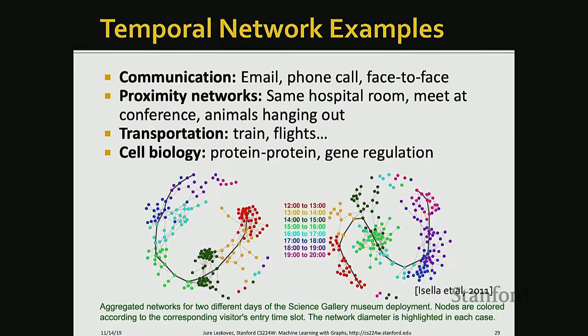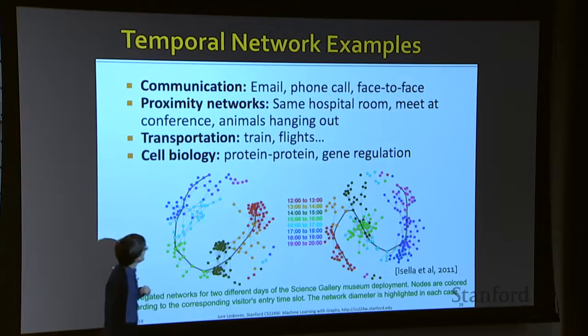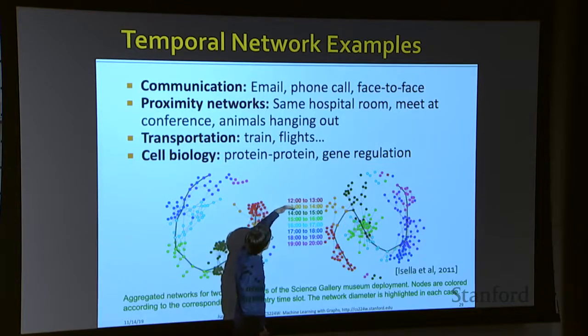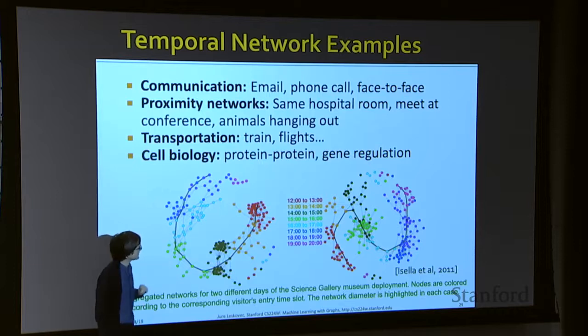Another example is two different networks of people's physical proximity, where these are the time slots, I think, when people were let in, and this is now on 2 different days.